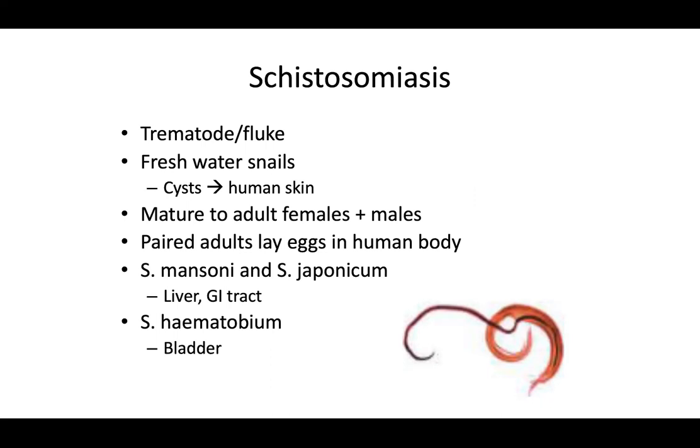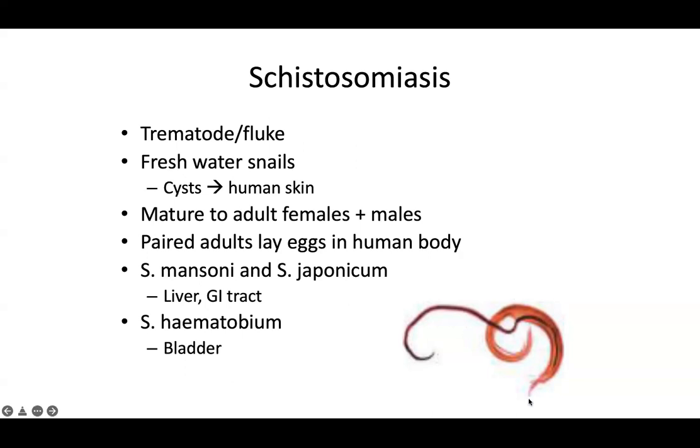The common types that you probably heard about when studying for Step 1 are Schistosoma mansoni and S. japonicum, which affect the liver and the GI tract. And then you have S. hematobium, which often involves the urinary tract reservoir in the bladder.